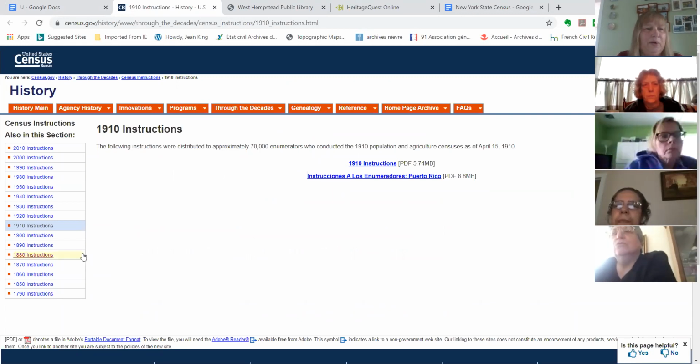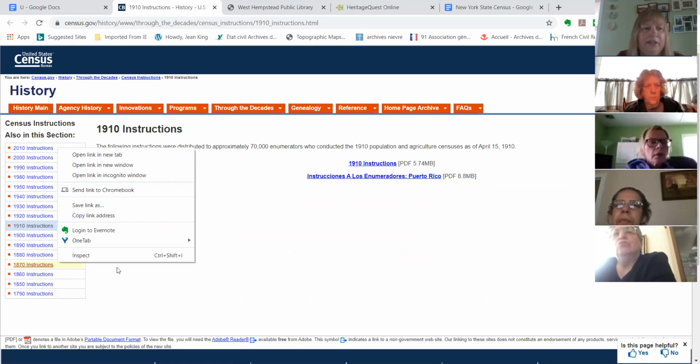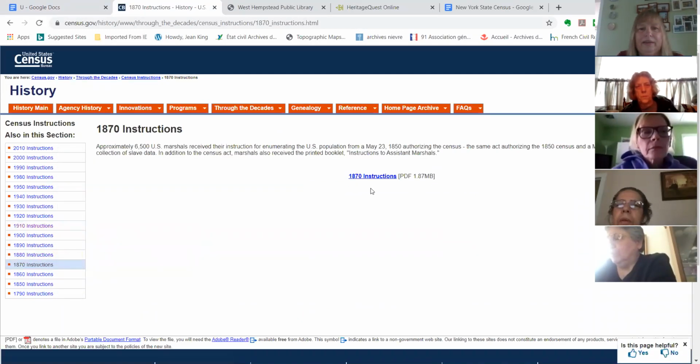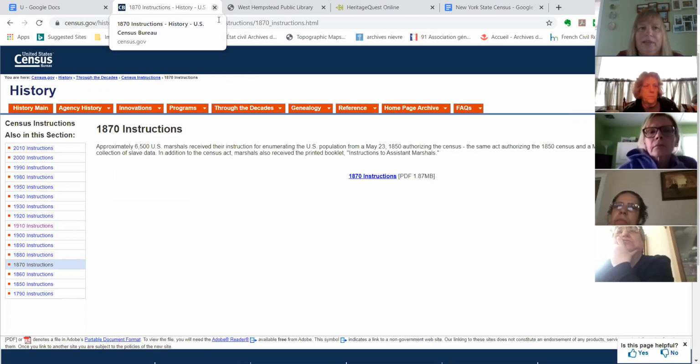Okay, so starting with 1790, you can actually open up the instruction books that the enumerators were given. And it comes in a PDF. So if you're wondering about certain questions that were asked, this gives you an explanation of what the enumerators were instructed to put on the census form.